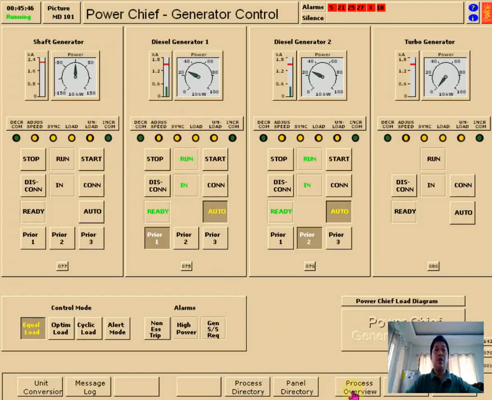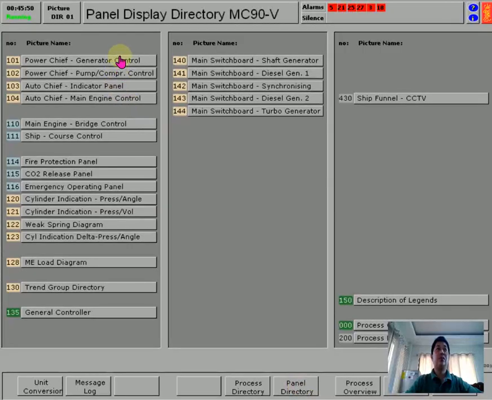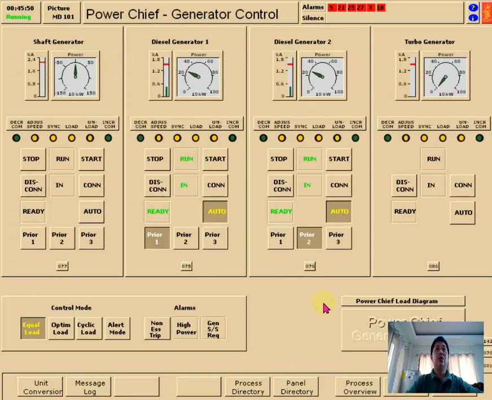If you increase the load again, let's say you start another machine and create additional load, then DG2 will automatically start and automatically engage the breaker, because this is set in auto and priority 2. And they will have automatic load sharing.